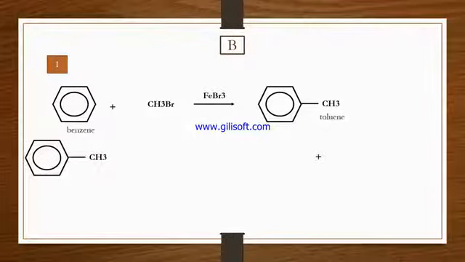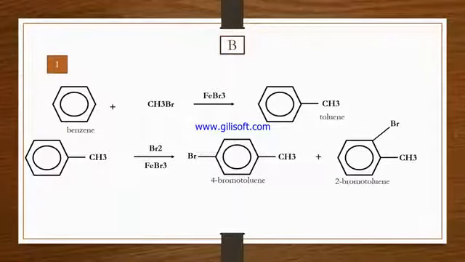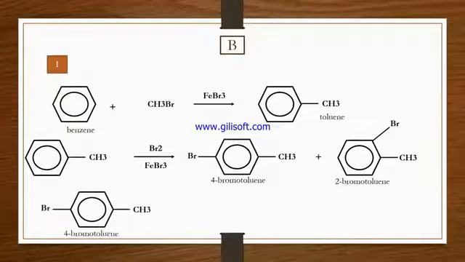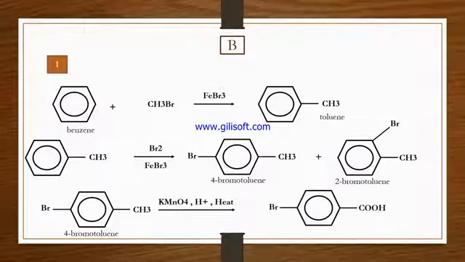Then toluene will undergo halogenation with Br2 and FeBr3. The product formed will be a mixture of ortho and para as major product. Then the 4-bromotoluene will undergo oxidation with hot alkaline potassium permanganate to produce 4-bromobenzoic acid.